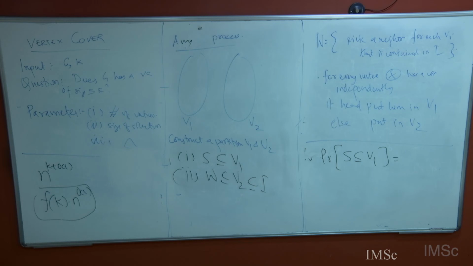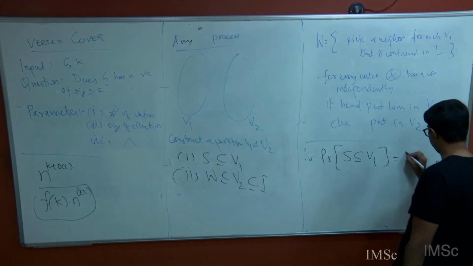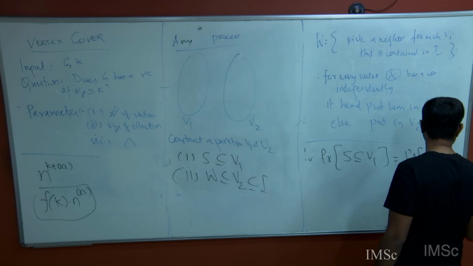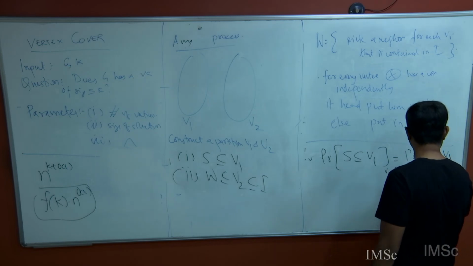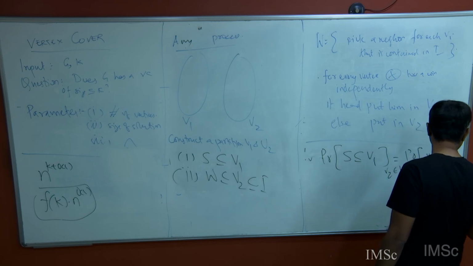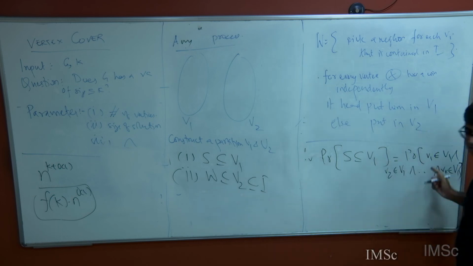This is the same as saying the probability that v1 is in V1, v2 is in V1, and so on, and vk is in V1. This is exactly equal to it.